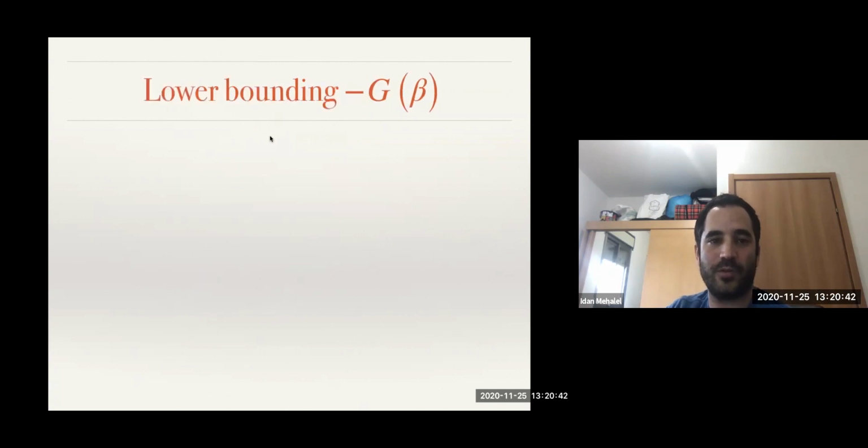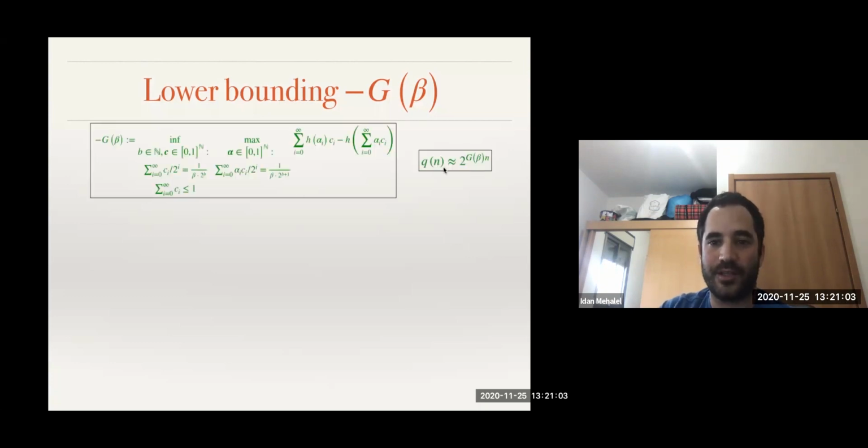And so I just want to say, to finish the talk, that we actually have a formula for g of beta, but we don't know how to calculate it numerically. But what we can do is find explicit lower bounds on it. So if we lower bound minus g of beta, because Q of n is 2 to the g of beta n, we get an upper bound on Q of n and vice versa.